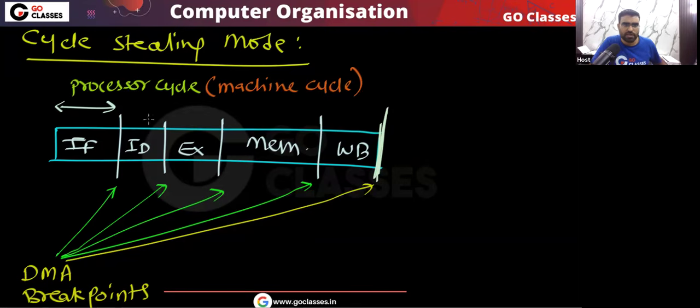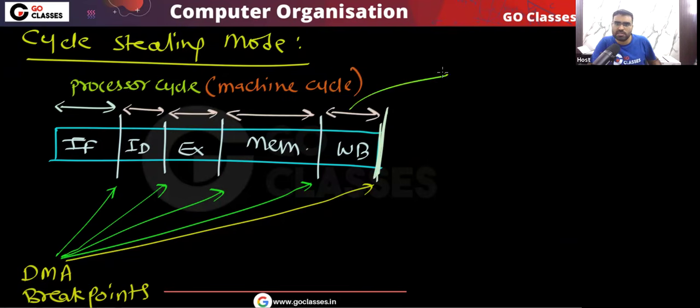So remember, this is a processor cycle, this is a processor cycle, and so on for each stage. Is this point clear?